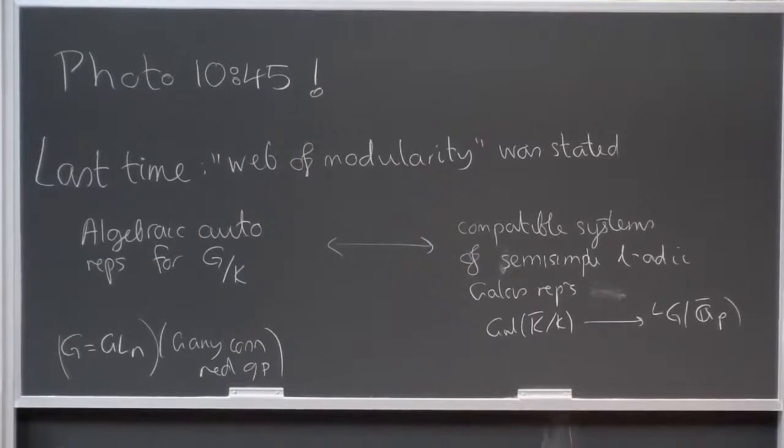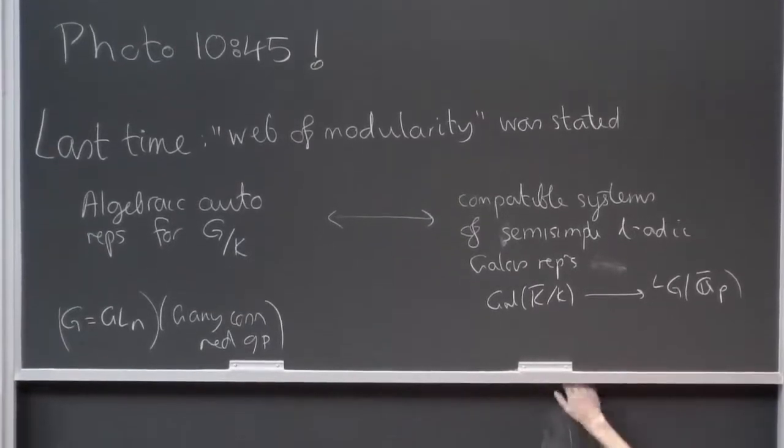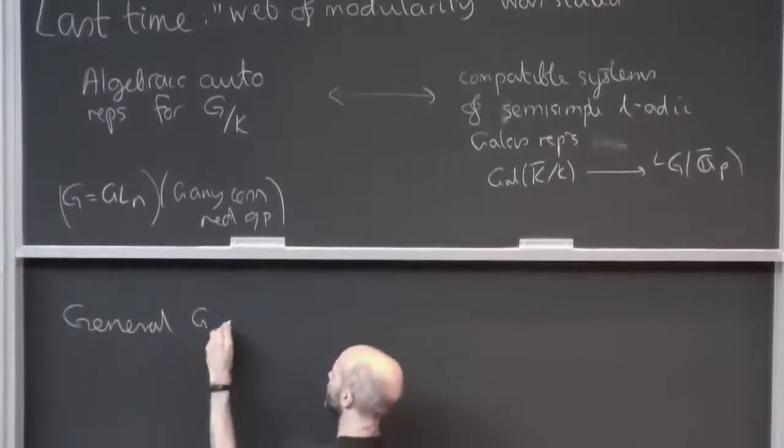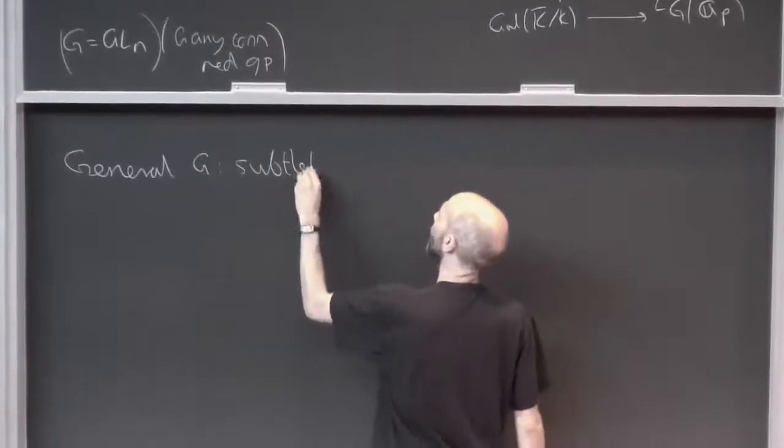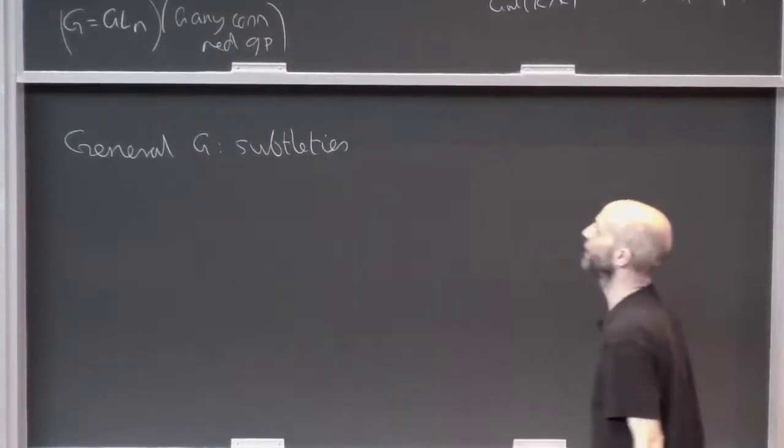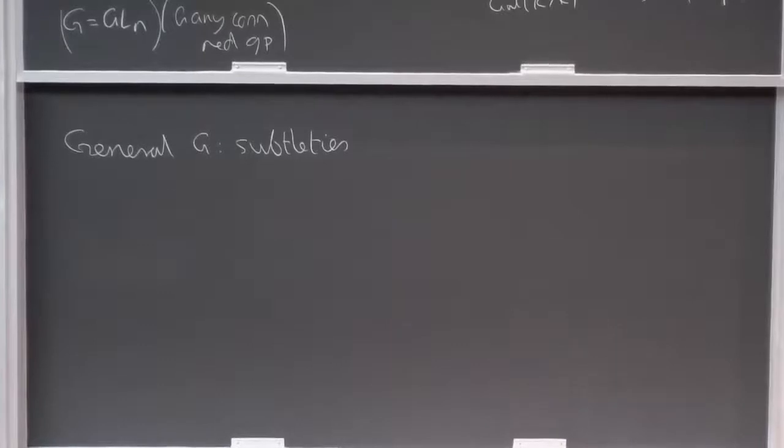There's all sorts of subtleties. I've never written on this book before. I'm not going to start now. And I really want to not worry about these. So this is why this is 10 minutes on general G.